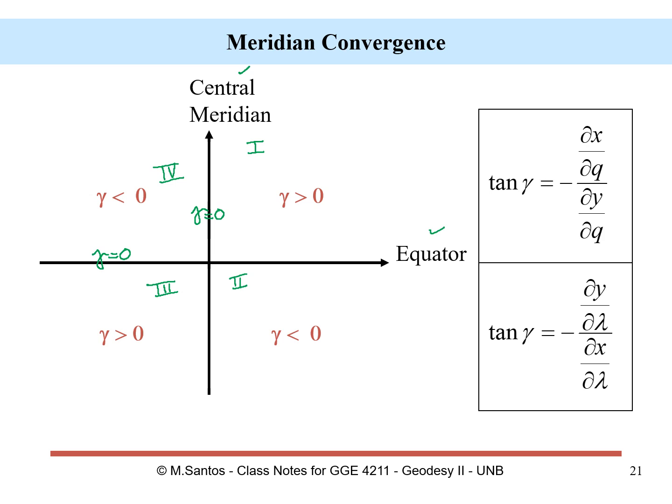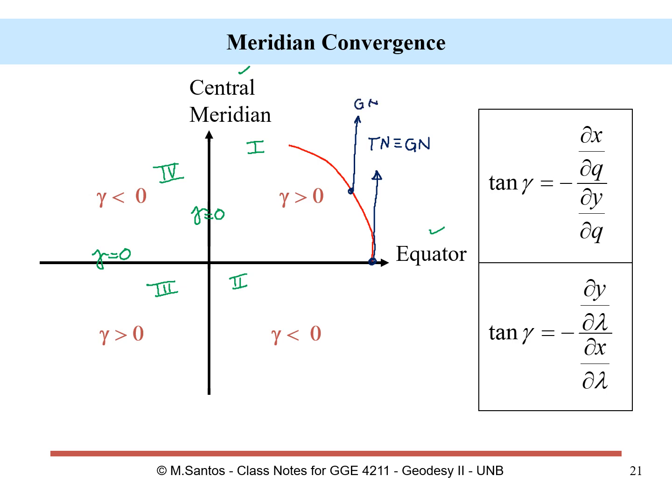Another important thing is that the value of the meridian convergence varies with latitude. So if we have a point on the equator, this is the direction, the tangent to the projected meridian. This is the true north. It coincides with the grid north. Okay, we may have a point in here. So this is the grid north, of course, points like that.